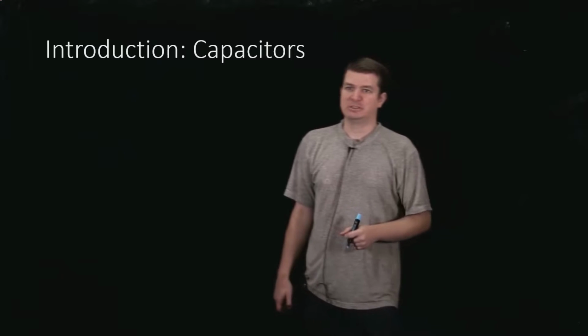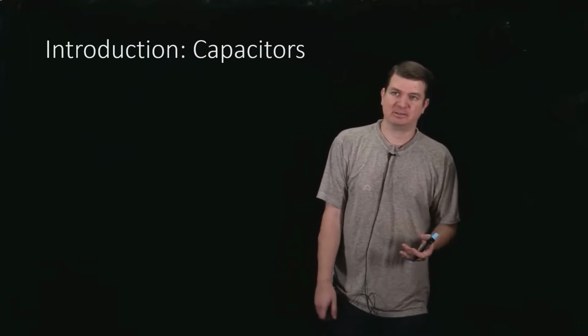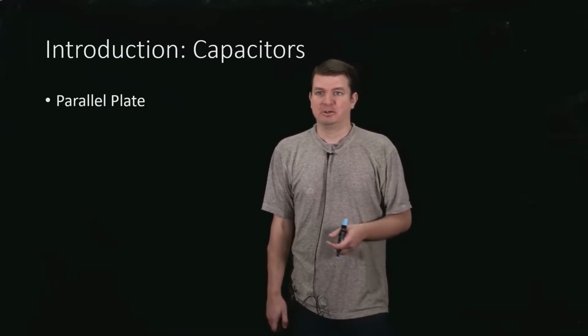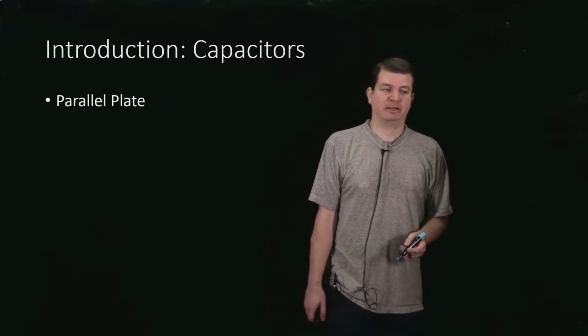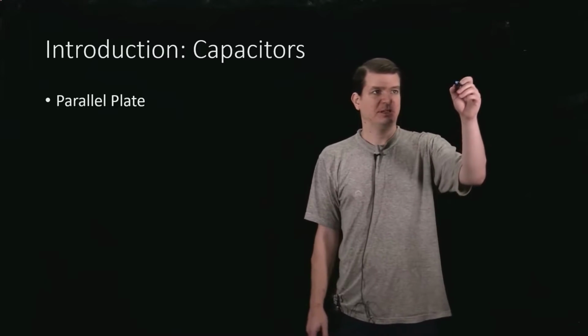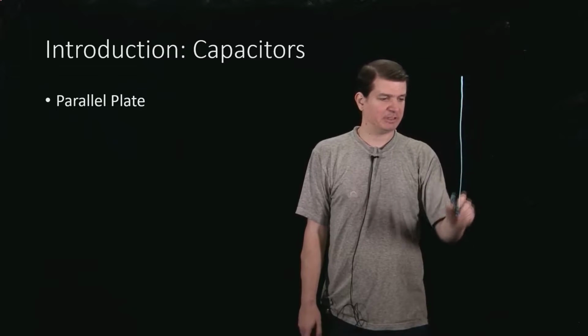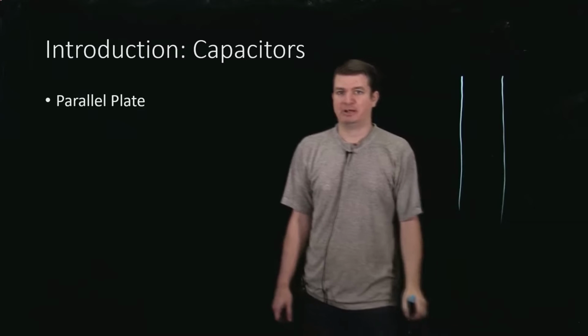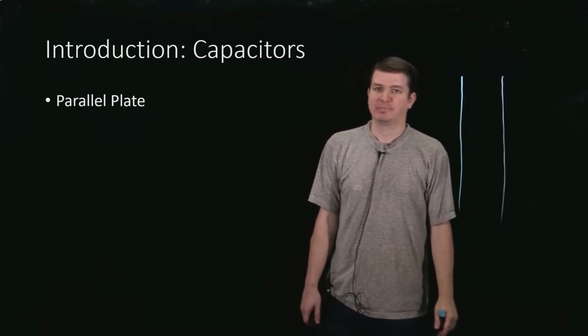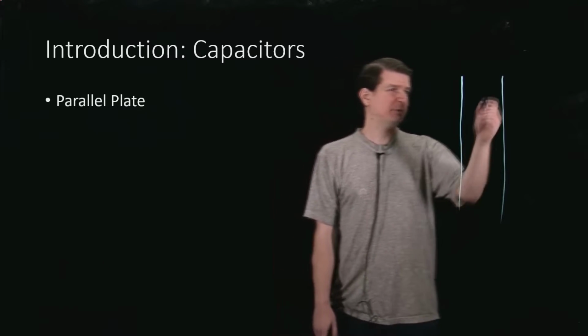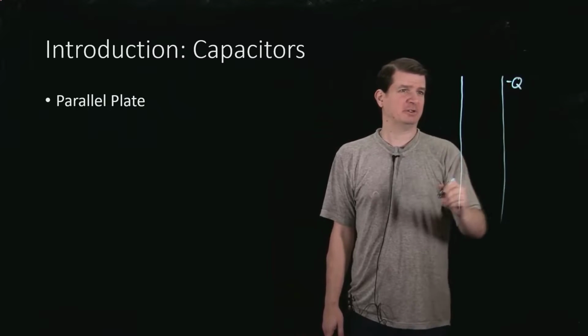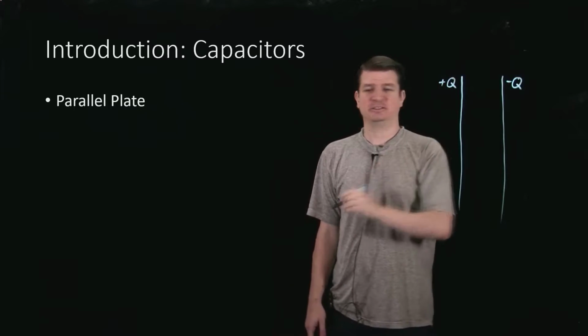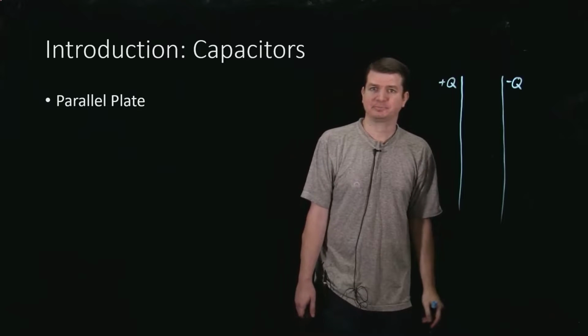So we're going to introduce the most common sort of capacitor that people like to talk about, which is the so-called parallel plate capacitor. By that we just mean we take one conducting plate of metal and a second one and put them so that they're parallel to each other. Then we imagine we put, say, minus Q on one and a charge of plus Q on the other.